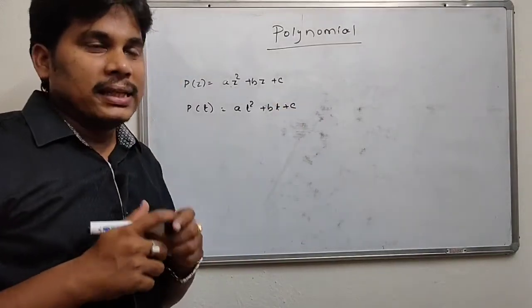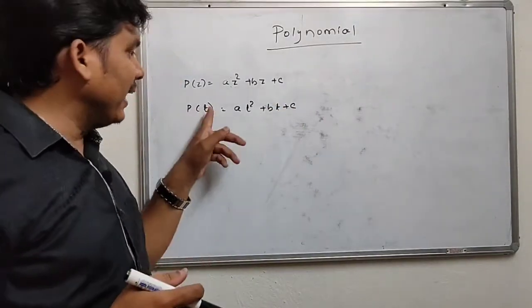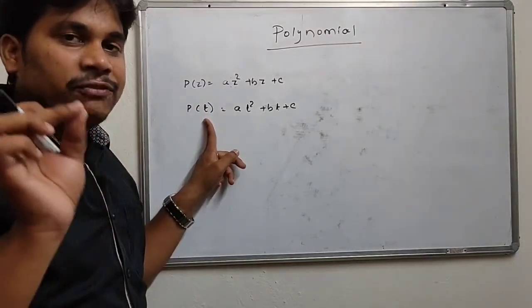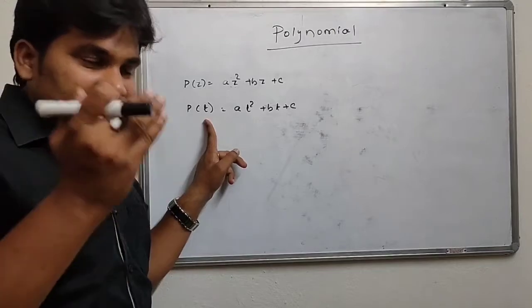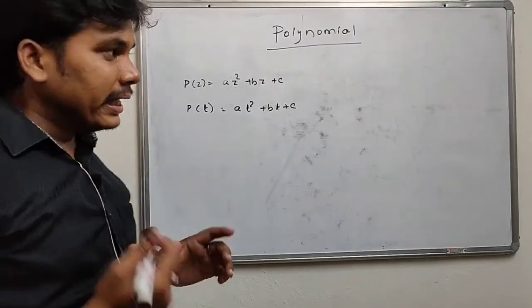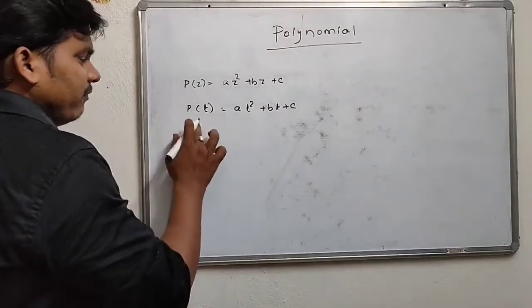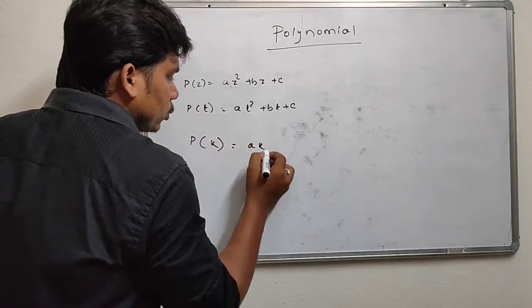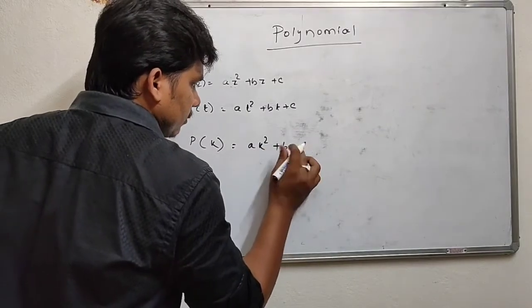Understand? Means here this is a polynomial, and the term within the bracket signifies which variable is used. If you change the variable, then in the entire polynomial the variable will change. If I write p of k, then this will be ak square plus bk plus c.